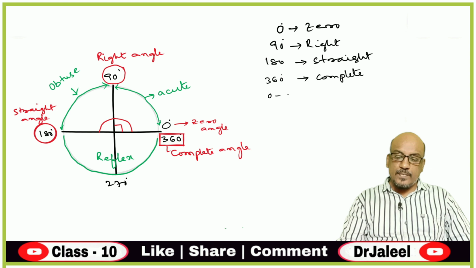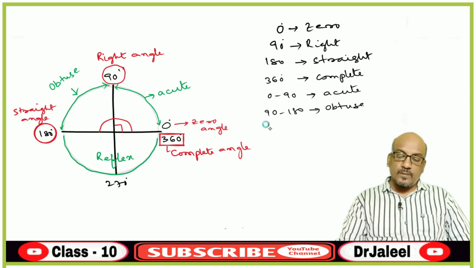And if it is between 0 and 90, we call it as acute angle. And between 90 and 180, we call obtuse angle. And if it is between 180 and 360, we call it as reflex angle.